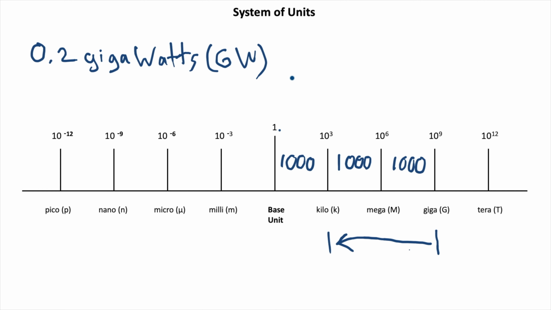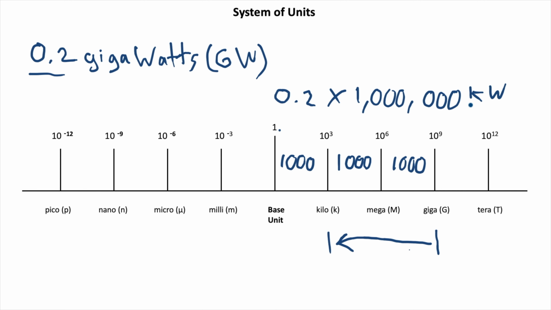So our problem will look something like this. Here is our measurement, 0.2. And then we are going to multiply that by, you probably already guessed it, 1 million. The unit that we're going to keep is kilowatt.